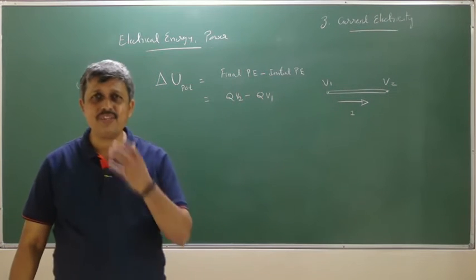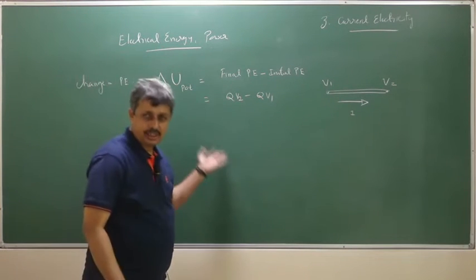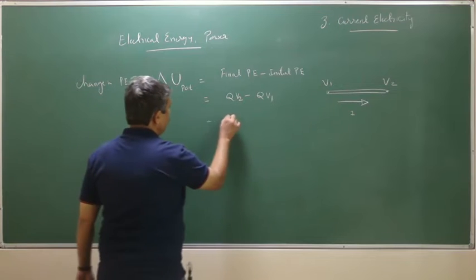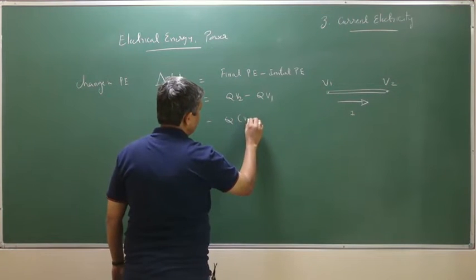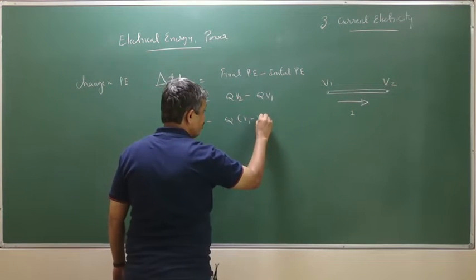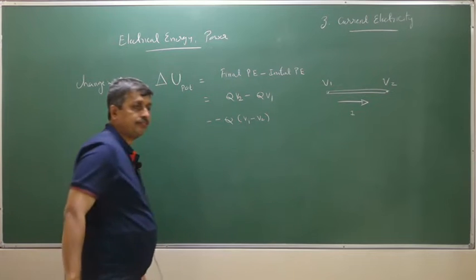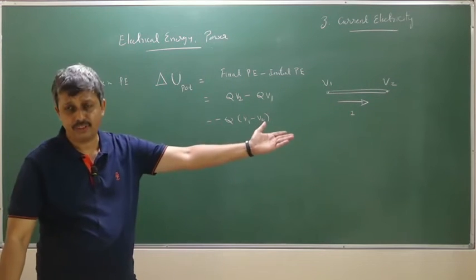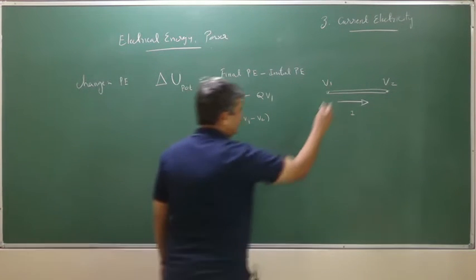Potential into charge is potential energy. I will write it as V1 minus V2 with a minus sign. We know that V1 is bigger than V2, and the difference is V, let's say.